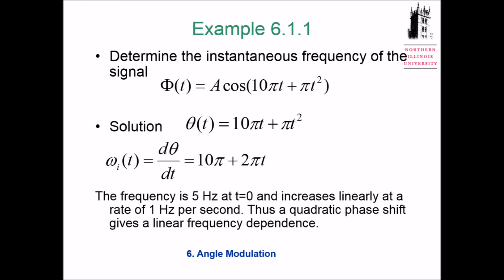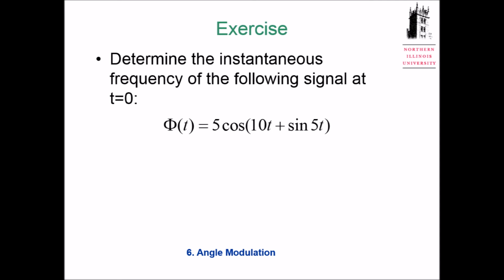Later, if we have similar problems, follow 2 steps. Step 1, find your phase. Step 2, calculate the instantaneous frequency by taking the derivative of your phase. Okay, now your turn. I want you to find the instantaneous frequency for this given signal: phi is 5 cosine of 20 plus sine 5t.